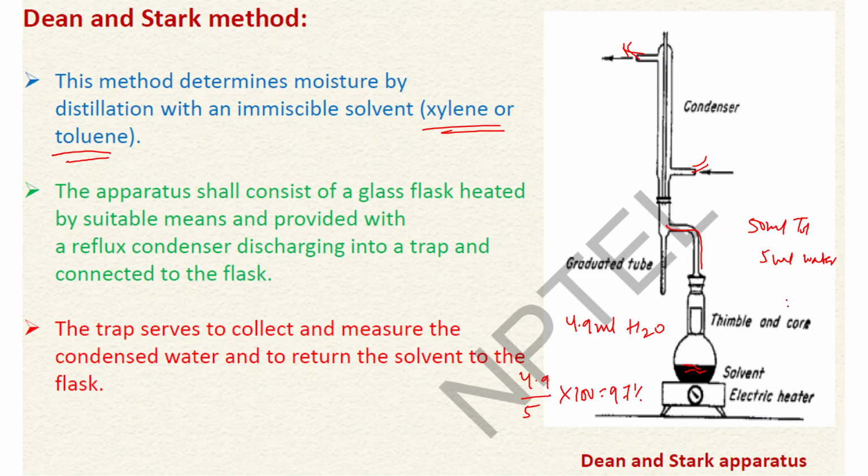Now we can take a mixture of our crude oil, suppose 50 ml of our sample, then 50 ml of toluene and 5 ml of water. Now this mixture is heated. Suppose this sample consists of some amount of dissolved moisture. On distillation, suppose we get 5.2 ml of water.